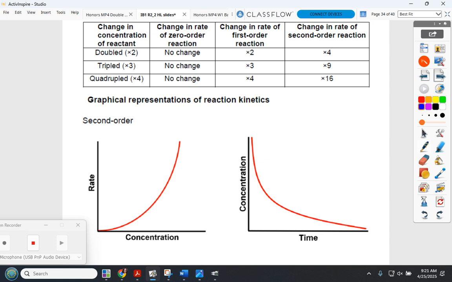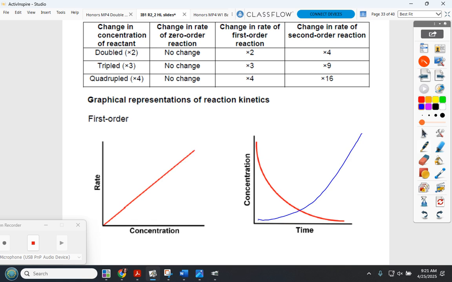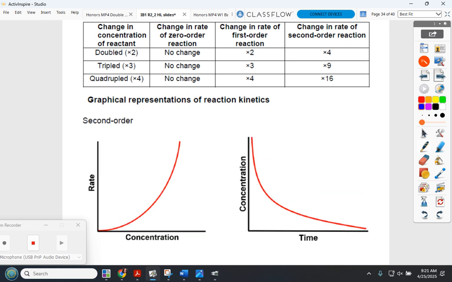It's sometimes hard to tell when you're working with your own variable experimental data if the curve that you see is this curve or this curve. So when you plot rate versus concentration, you will see a curve here for a second order, an exponential curve, because if we double the concentration, we're going to multiply the rate by 4.